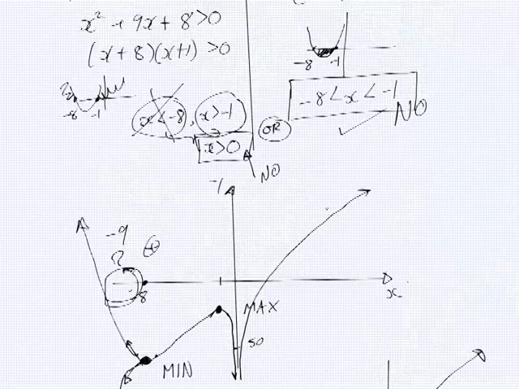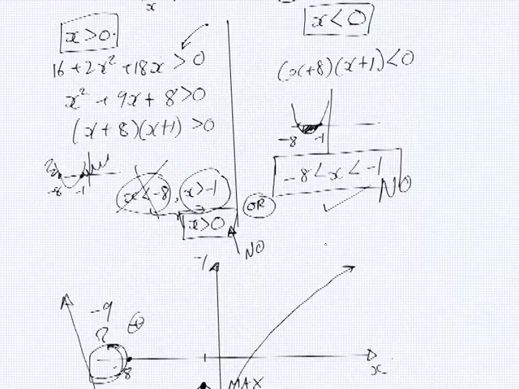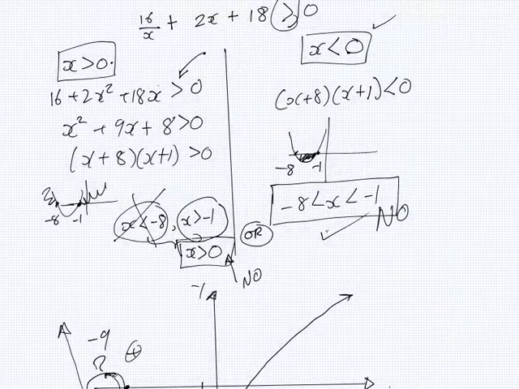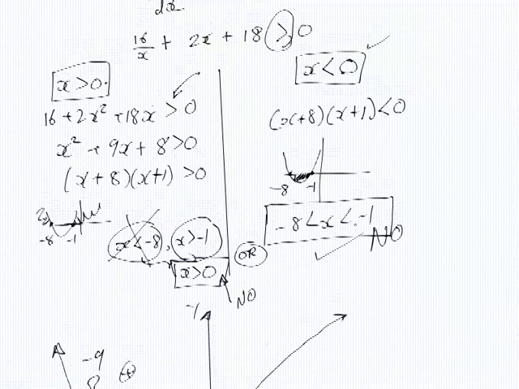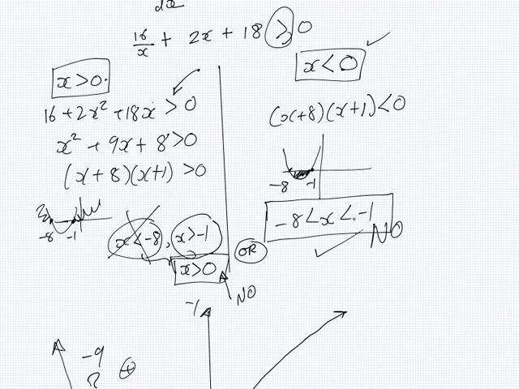Oh yeah, so why didn't I get it here? Here? No, it's still positive. This one here? Ah. Oh! This was our mistake. I'll give you a minute to spot it.